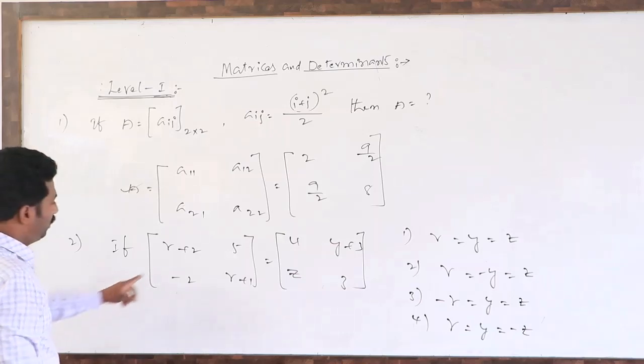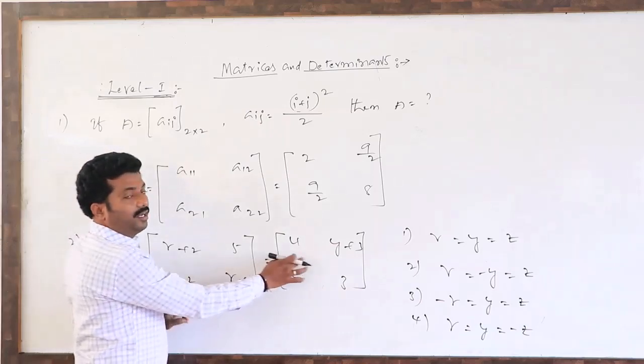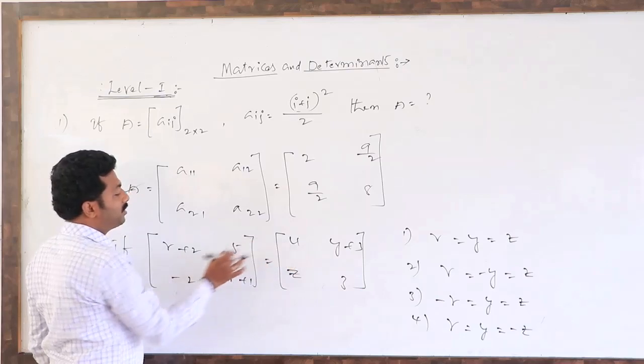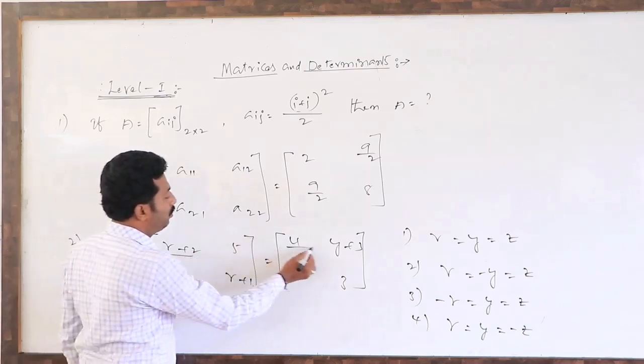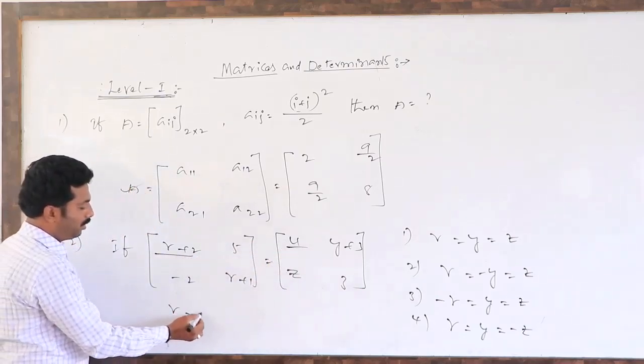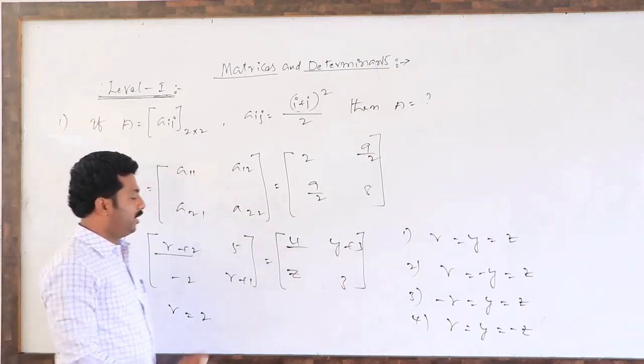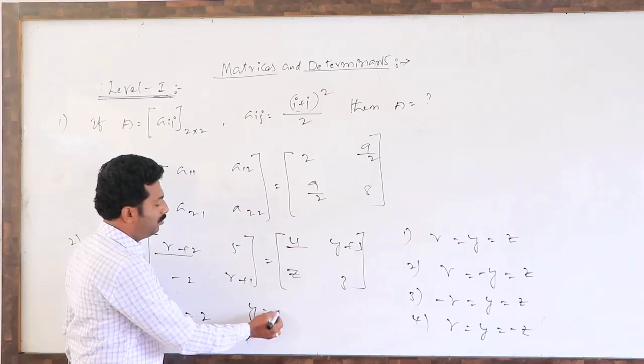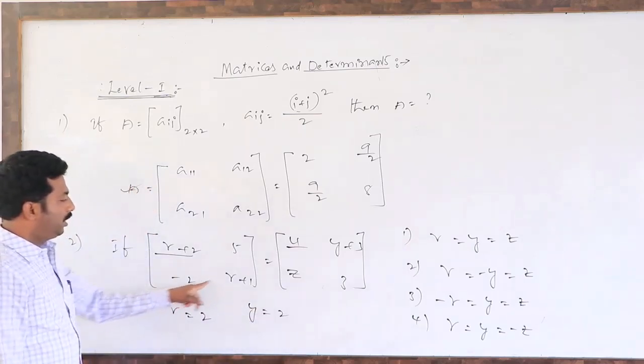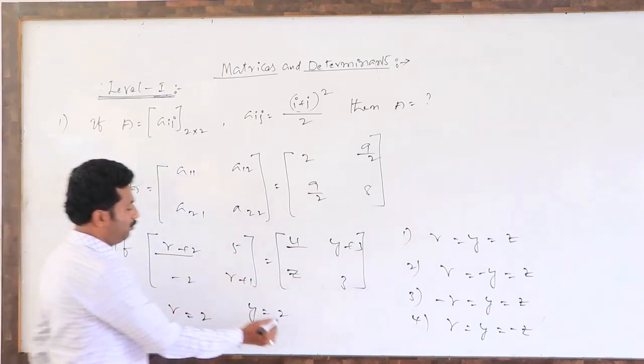See here, two matrices are equal means corresponding elements are equal. So x plus 2 equal to 4, so clearly x equal to 2. So 5 equal to y plus 3, so y equal to 2. Clearly z equal to minus 2.